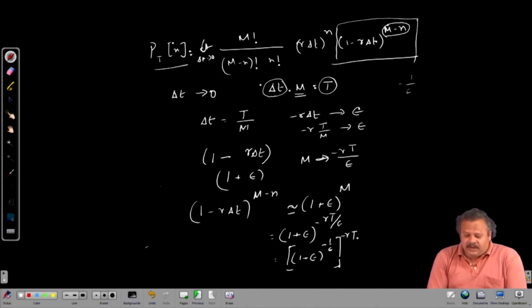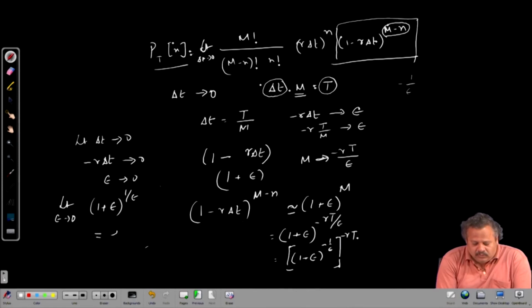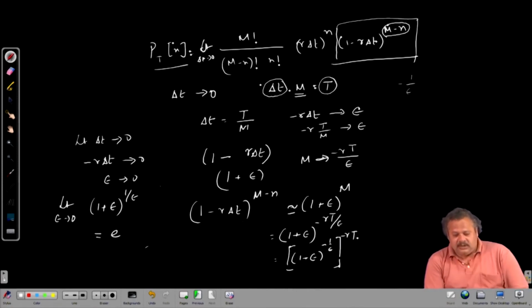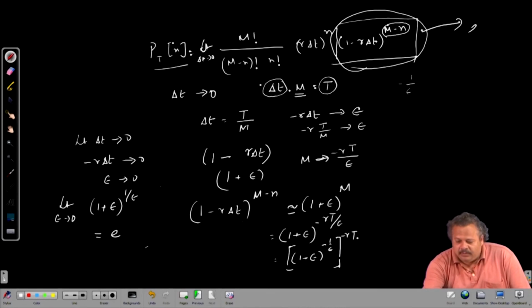So now as we have limit delta t goes to 0, then minus r delta t also goes to 0, that is epsilon goes to 0, and we know that limit epsilon goes to 0 of 1 plus epsilon to the power 1 over epsilon is equal to e. So this particular whole term turns out to be simply e to the power minus rT.